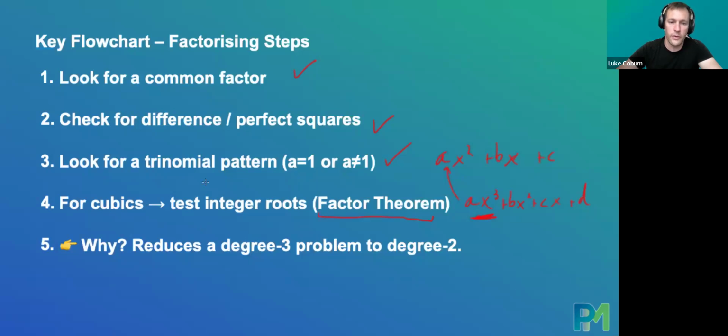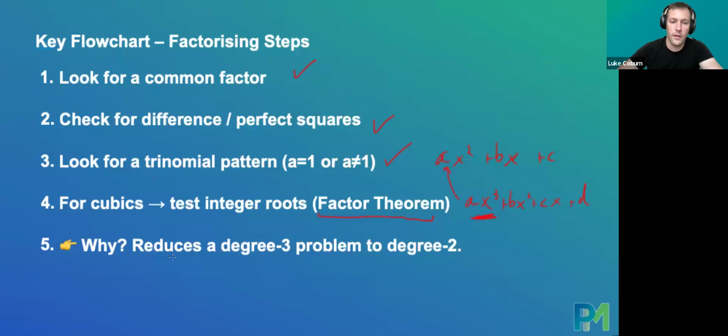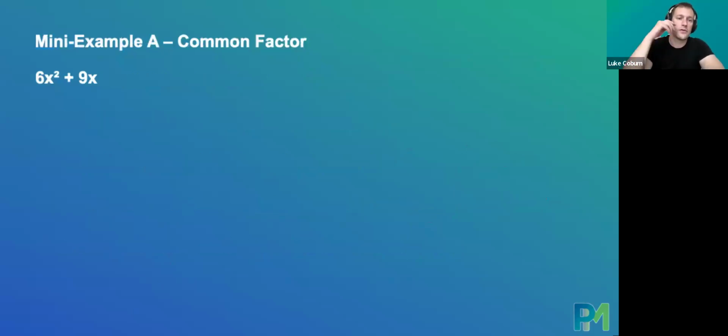Is it a trinomial? Is there a common factor? Is this the difference of squares, and so on? And once I know what type it is, then I'm finished diagnosing it, and then I can launch into solving. Okay. So just ask yourself in the first place, which type this is.